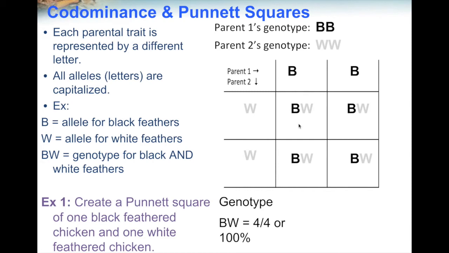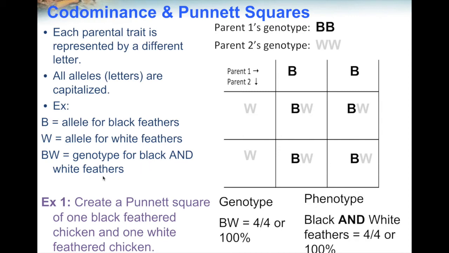Well, what's it going to look like? Remember we said BW represents black and white feathers. So their next offspring is going to have black and white feathers 4 out of 4 times, or 100% of the time.